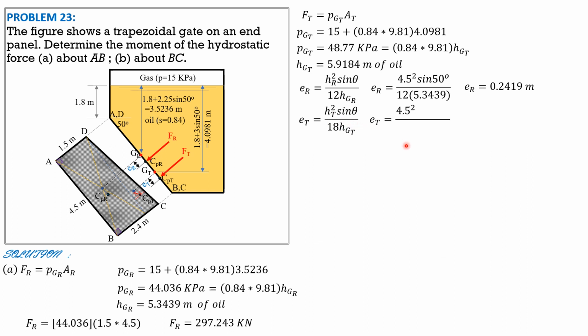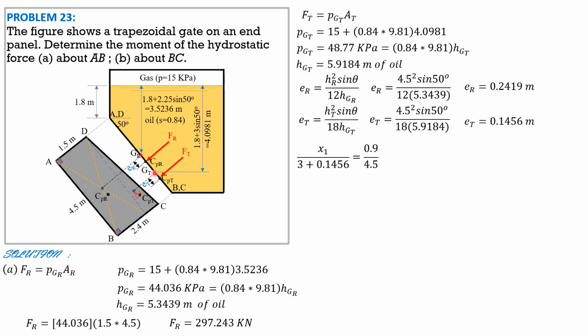So substitute: e of triangle is 4.5 squared sine of 50 degrees all over 18 times quantity 5.9184 for HGT. So it is equal to 0.1456 meter. So for x1, by the way, by similar triangles, x1 is to 3, because the distance from A to the centroid of the triangle is 2/3 of 4.5.